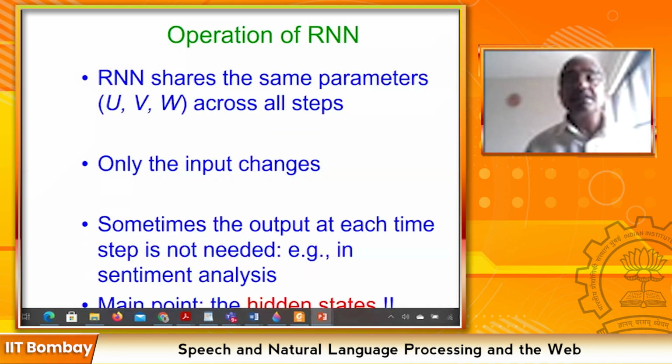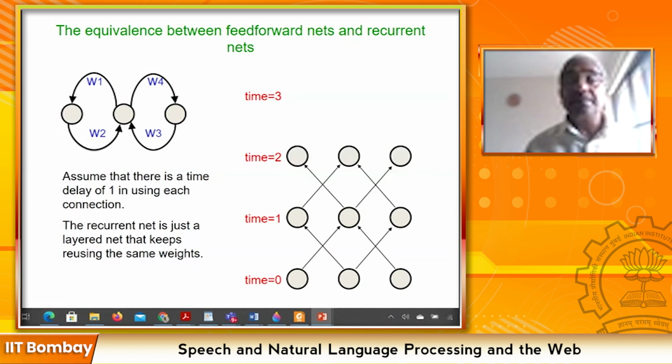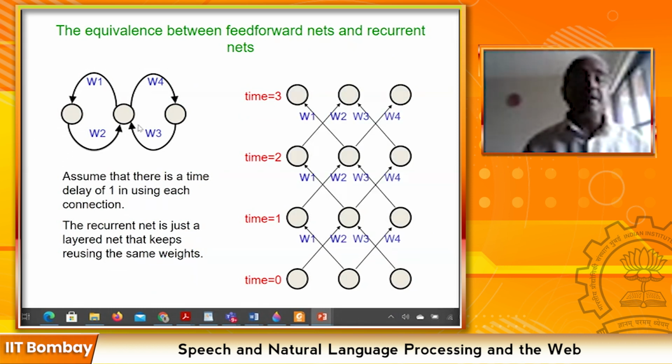That is the essential idea behind RNN. Suppose I have a recurrent neural network here, and it is the same neural network which is shown in 3 time steps. So W1, W2, W3, W4 are weightages at different time steps.